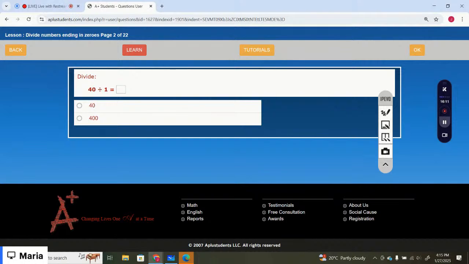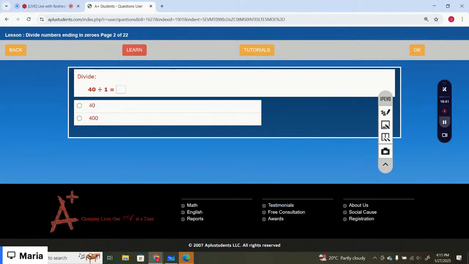40 divided by 1, which is the correct option? Any number when divided by 1, the number stays the same.